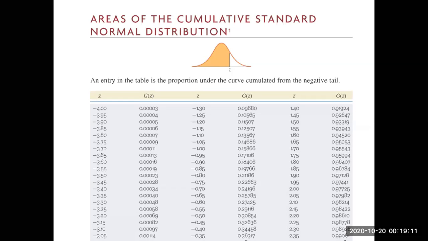The chart is in the lecture notes, and the lecture notes are on Moodle. Okay, for 0.95, we cannot find the exact 0.95, but it is between 0.945 and 0.950. 0.95 is closer to this one of the two, so take this one. Then the Z score is 1.65.